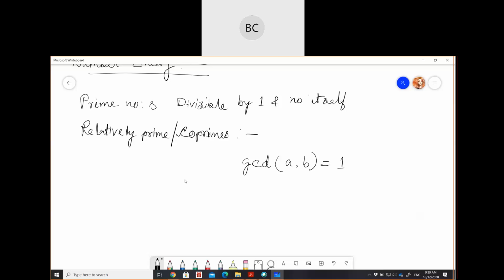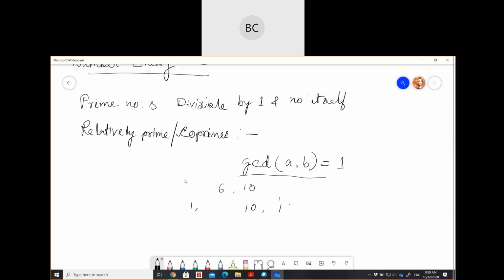Okay, if you are saying 6 and 10, what are the factors of 6? 6 and 10 are not co-primes. Yes, 1 and 2, and 2 cannot be a common factor. Your highest common divisor should be 1.